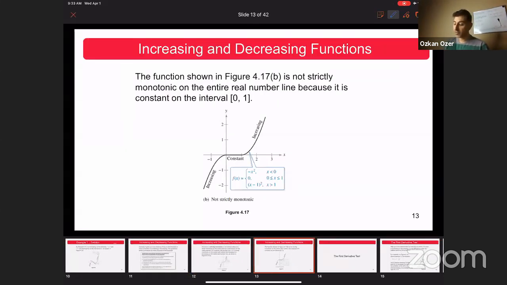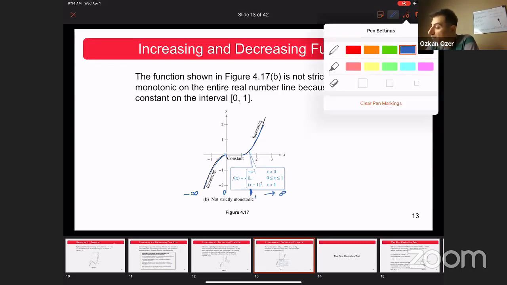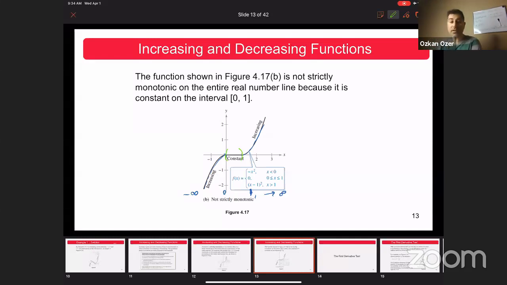Whereas for this function, I can't really say it's monotonic because, well, this function is increasing, obviously, on those intervals, like minus infinity to 0, and then 1 all the way to infinity. But if you look at this interval here, 0 to 1, it's constant.